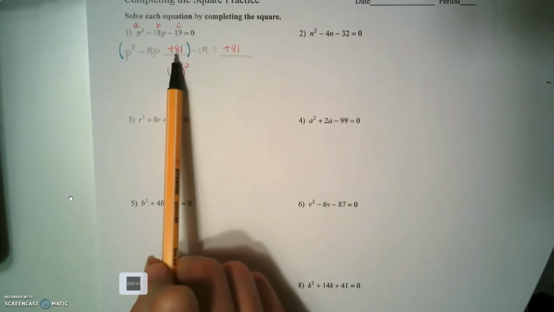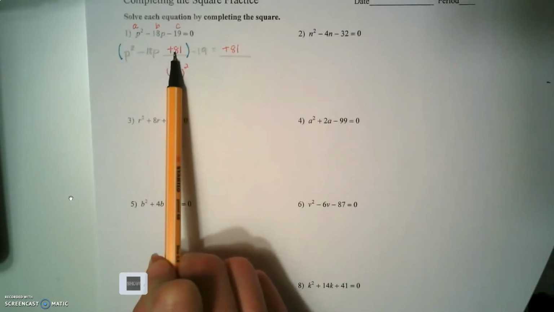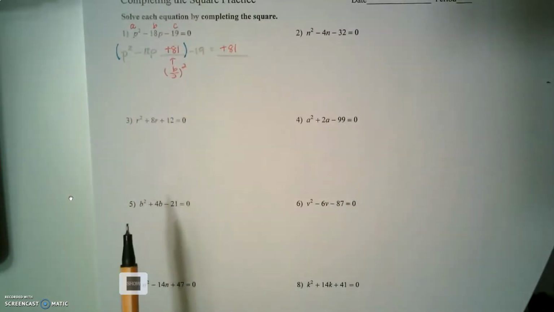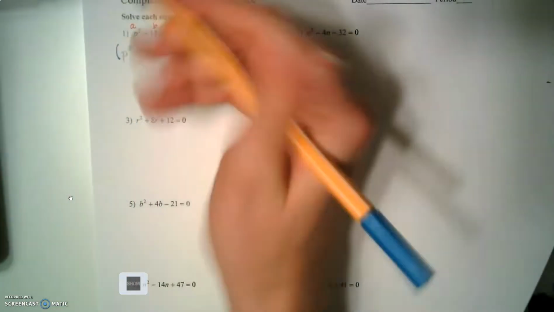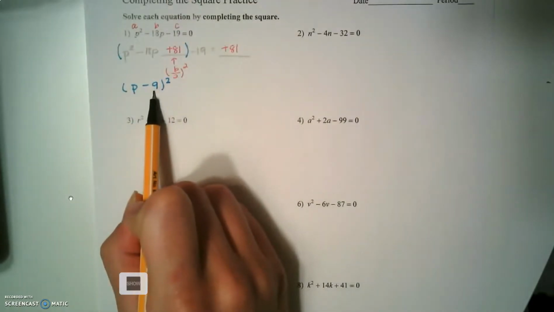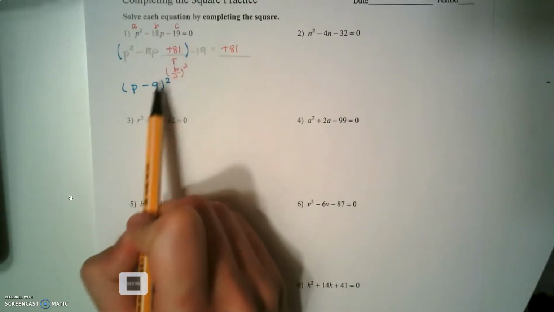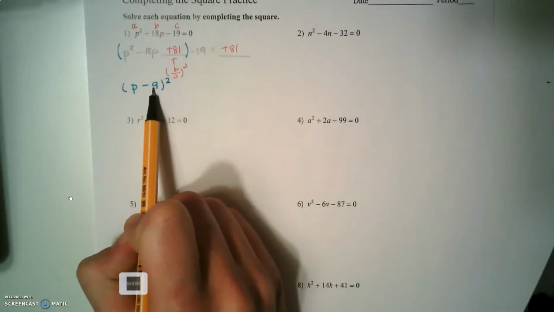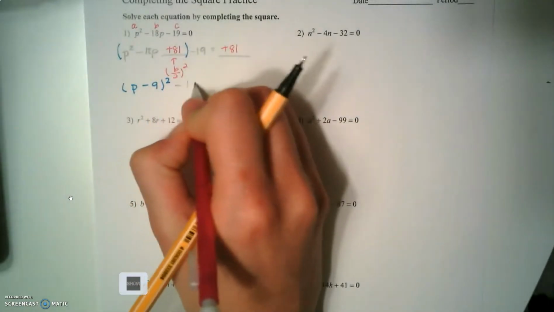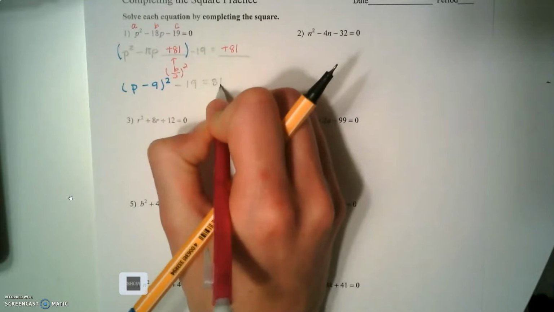A perfect square trinomial has 3 terms, trinomial, and it's a perfect square because p squared and 81 are perfect. So I'm going to factor it. It's going to factor to p minus 9 squared. I get the same thing. Negative 9 times negative 9 is 81. Negative 9 plus negative 9 is negative 18. We're going to keep the minus 9, and that equals 81.